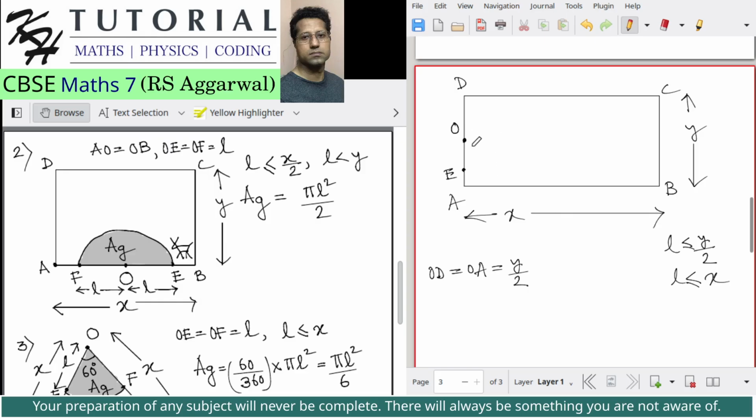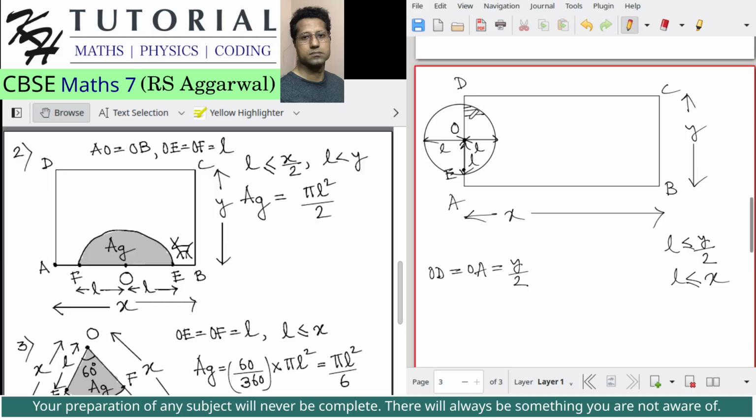Then if I draw a circle centered at O and radius small l, it will be something like this. So basically this is small l, this is small l, this is small l, that is the length of the rope. Now what is the common region between the rectangular plot and the circle?